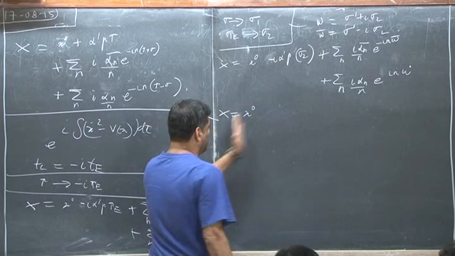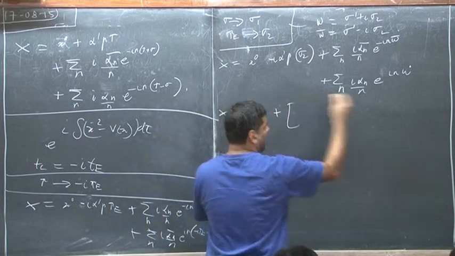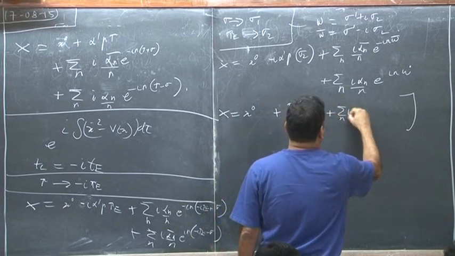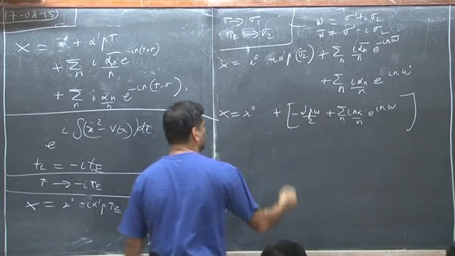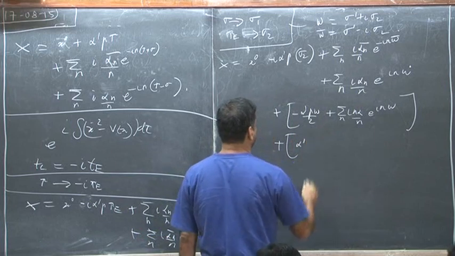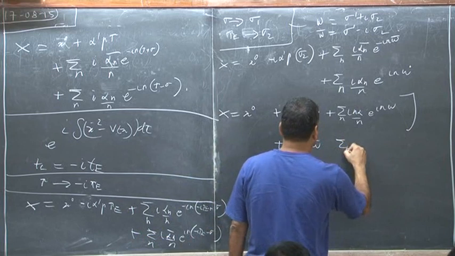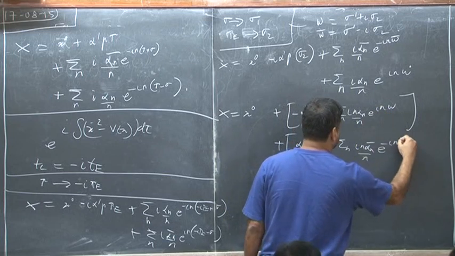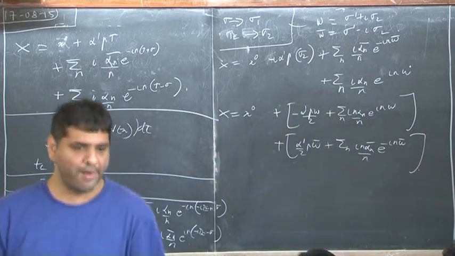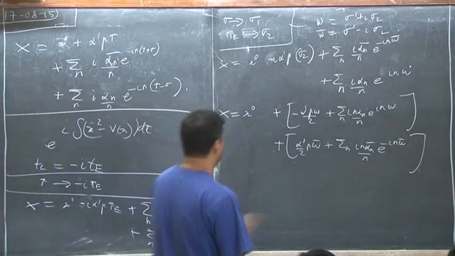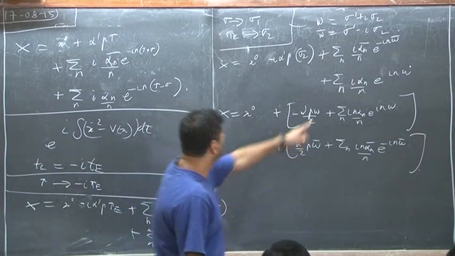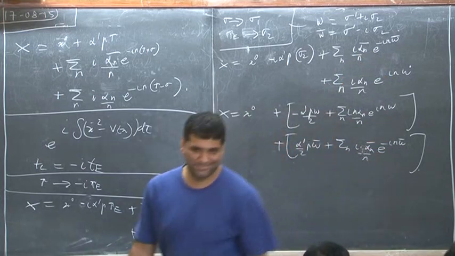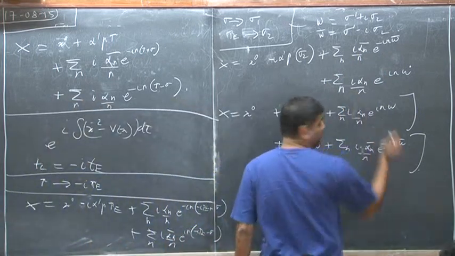So x is equal to x naught, which is just by itself, and then there's the completely analytic part of it, which is minus alpha prime p W by 2 plus the sum over n of I alpha n by n times e to the n W, plus alpha prime by 2 p W bar, plus the sum over n of I n, this was alpha n bar by n, e to the minus I n W bar.